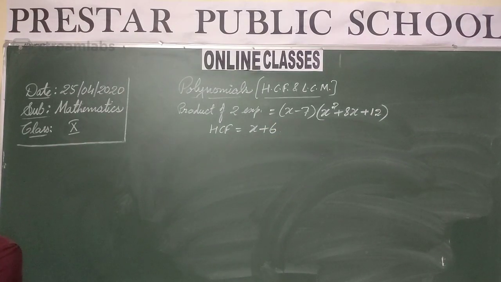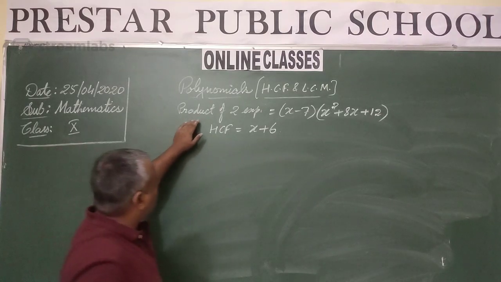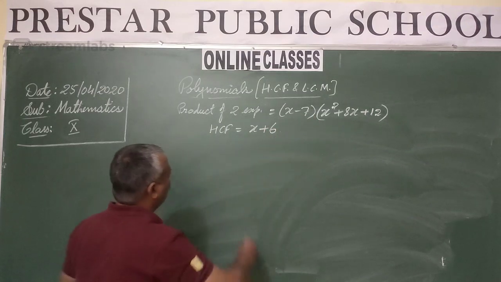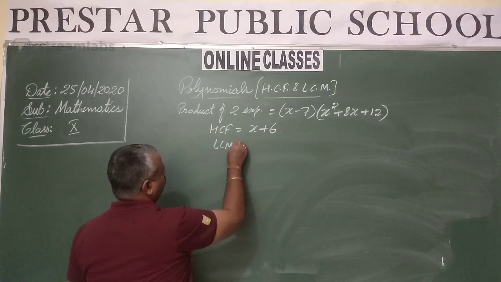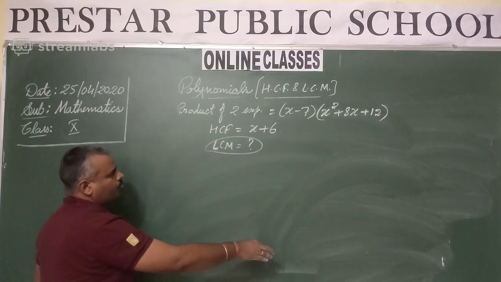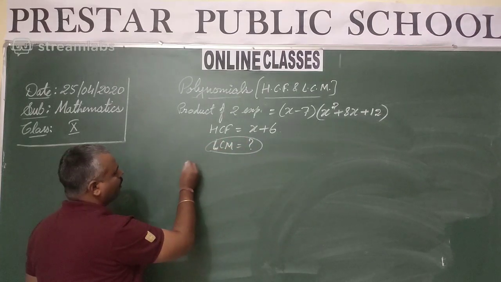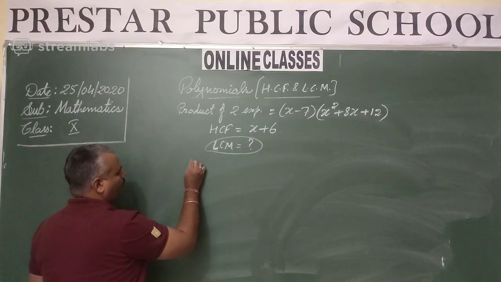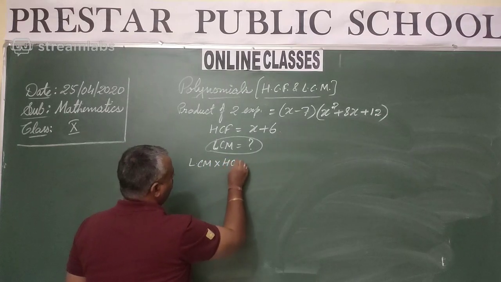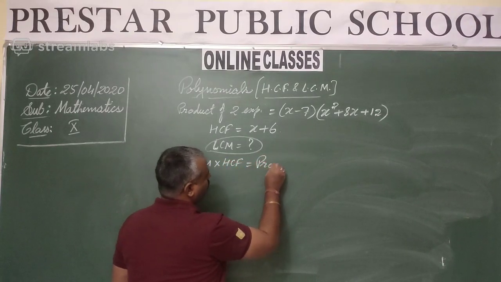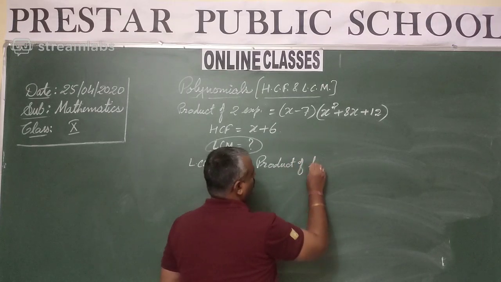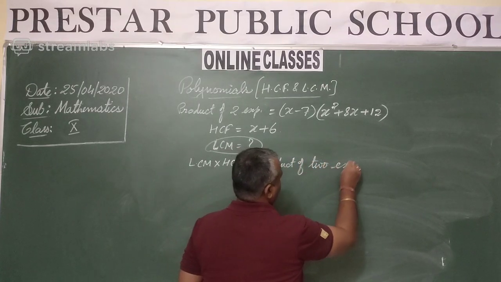So here now we are given the product of the two expressions, we are given the HCF, and we need to calculate the LCM. The LCM is to be found. So we are going to use the same relation which we just used in the previous question, which says LCM multiply HCF is equal to the product of two expressions.